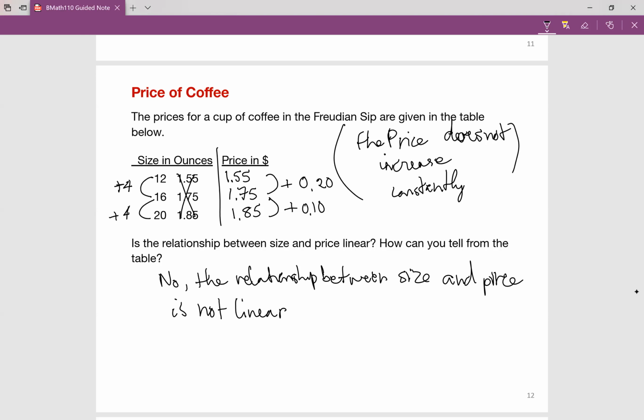So you can say that no, the relationship between the size and the price is not linear.